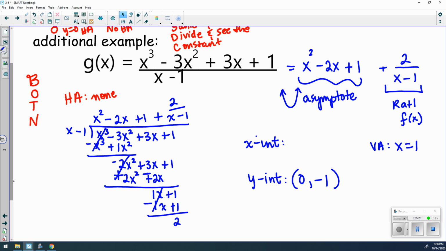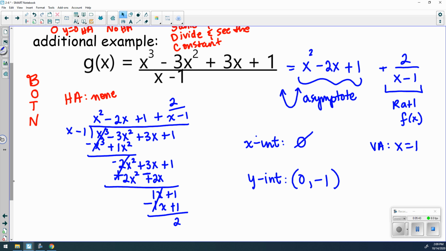Okay, and then my x-intercept. I don't believe I'll have any x-intercepts. Nope, because I don't have any real zeros of the numerator.